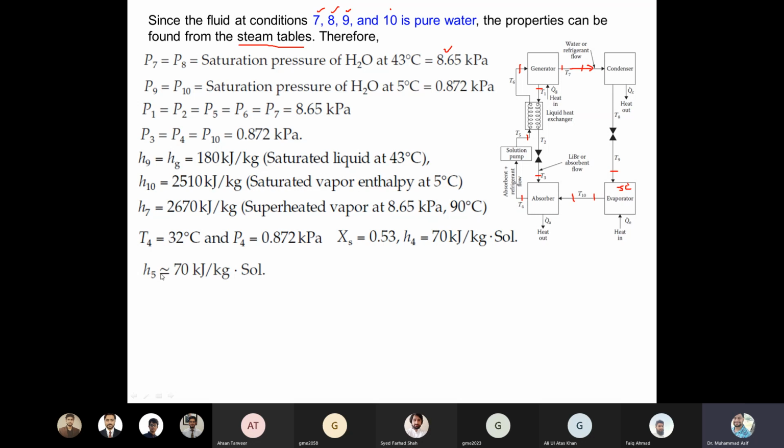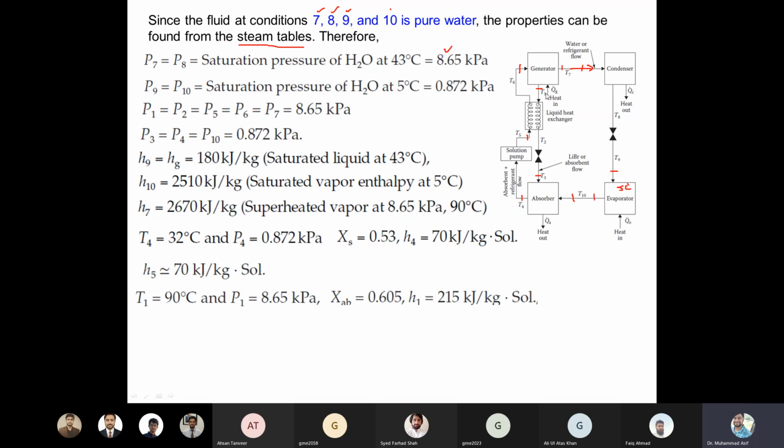Similarly, the enthalpy H4 is equal to H5, because this is an isenthalpic process. If we ignore the input of the pump, then H4 is approximately equal to H5, right? Similarly, for point 1, we know the temperature and pressure, so we can have the enthalpy and the concentration.